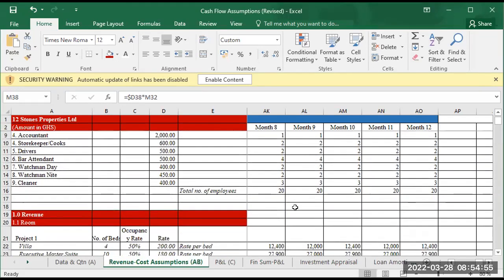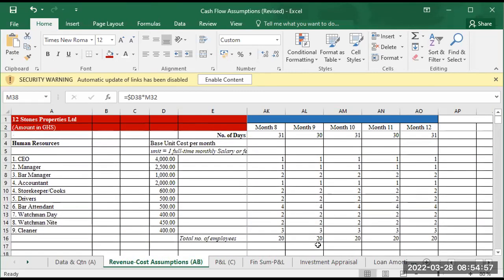In the first year, there's one CEO, so the CEO is going to receive 12 times, because from January to December there are 12 months. If the CEO is receiving 4,000 each month, by the end of the first year the CEO is receiving 4,000 times 12. 4 times 12 is 48, so that should be 48,000.